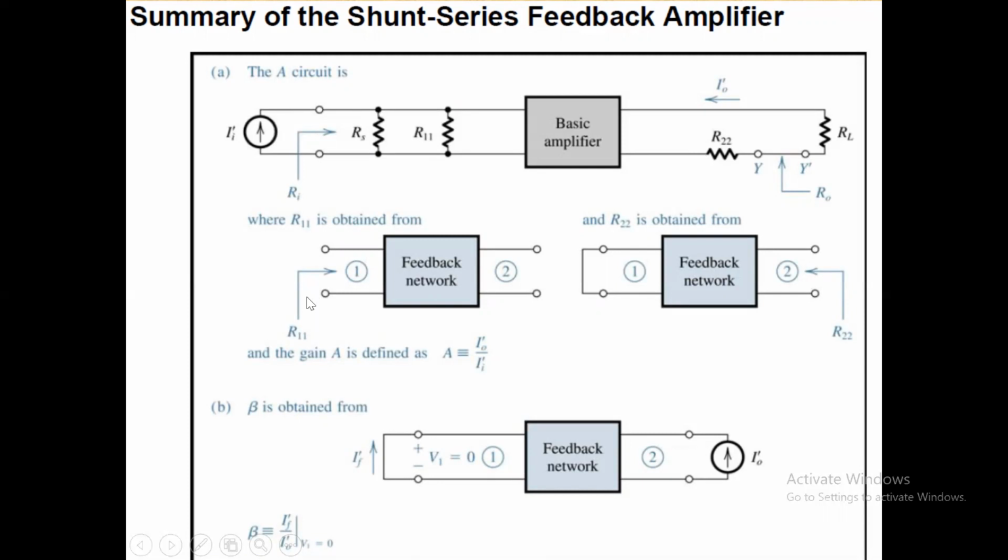Then how do we find R11 and R22, which is the same thing as G11 and G22 in the earlier circuit, and the gain A will be I0 dash by II dash. Then the way to find beta will be this circuit over here, where we just short the input side and connect a current source at the output side. Then we'll get beta is equal to IF dash by I0 dash when V1 is equal to 0.